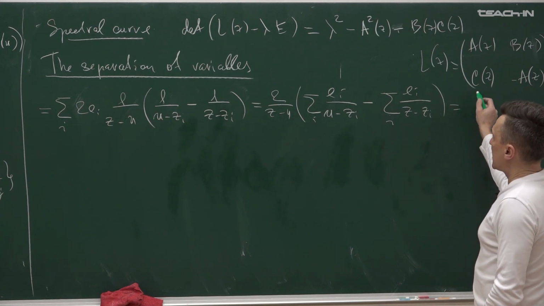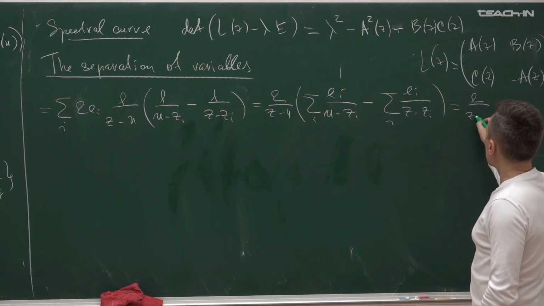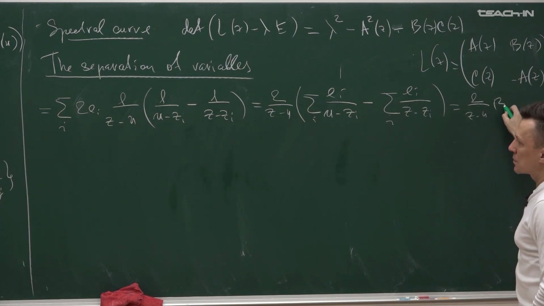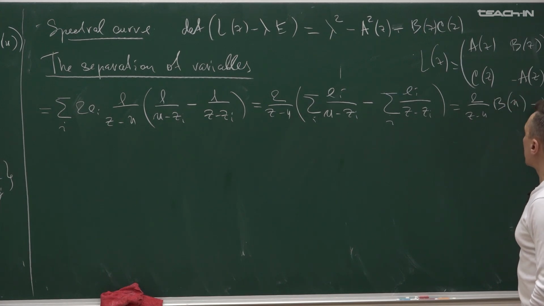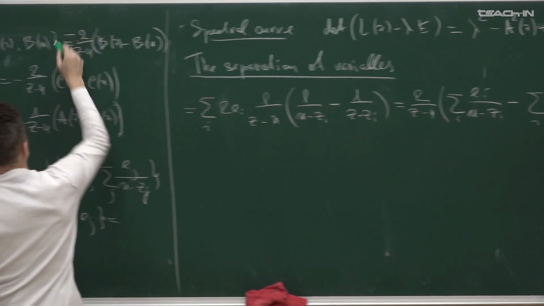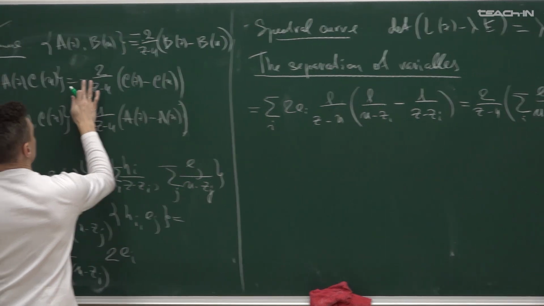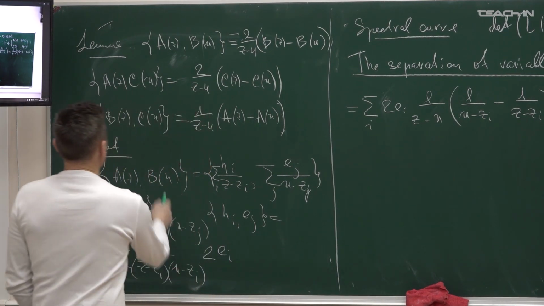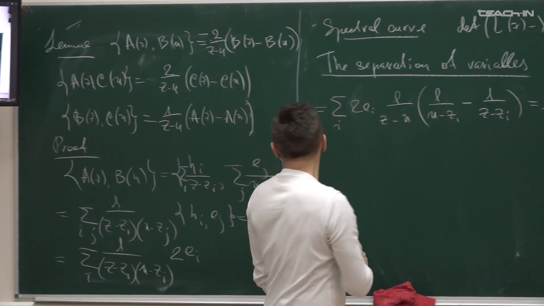And it means that it is 2 over (z minus u) times (b of u minus b of z). So my mistake is only in sign. So here there was the sign minus, here the sign plus, and let us verify this formula.